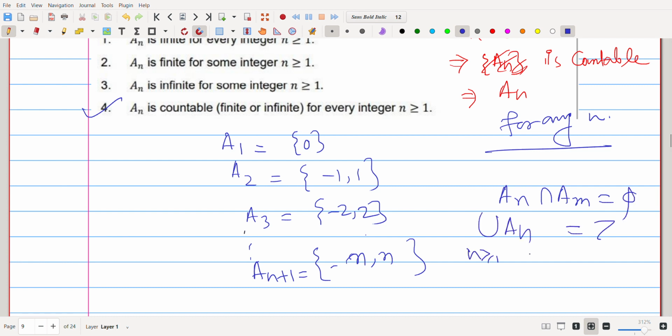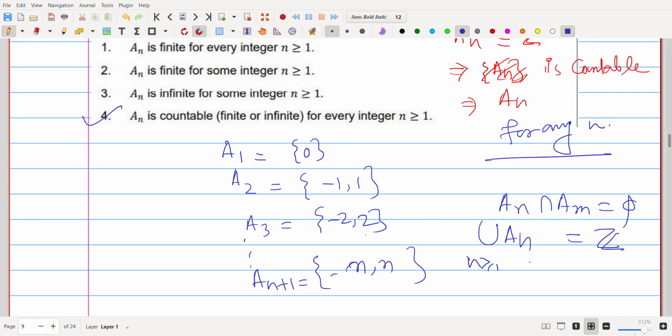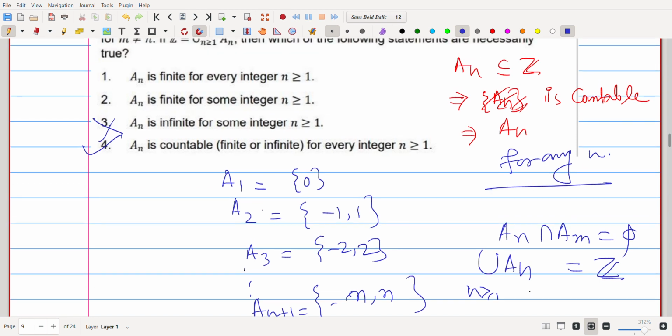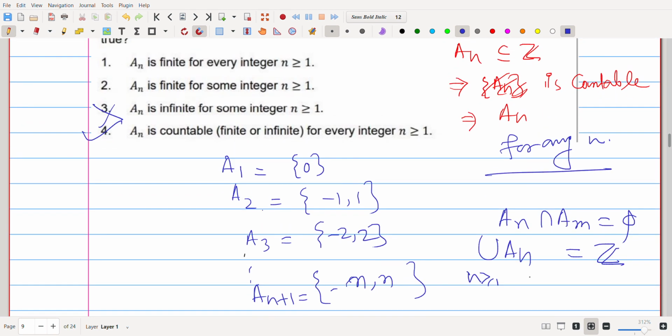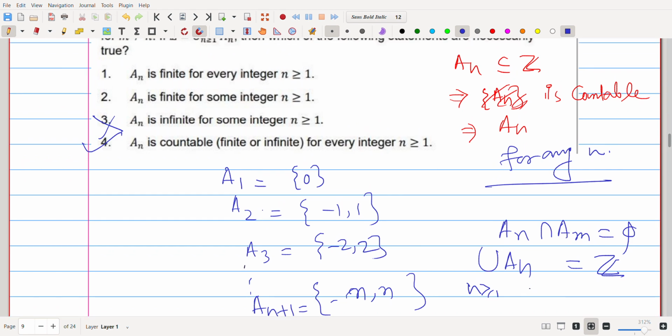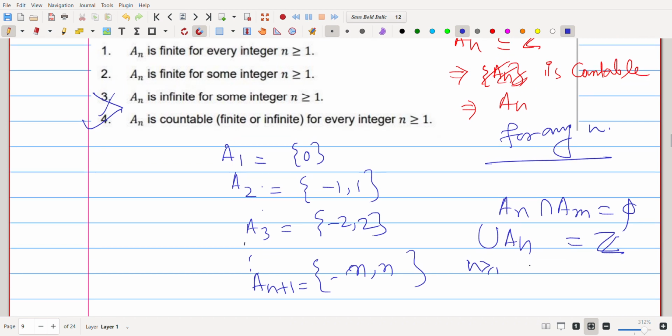Union of An, n greater or equal to 1, is Z, and so An is finite for all n here. Hence the third option is also false. An is infinite for some integer, that is also false. Now only two options left: An is finite for every integer and An is finite for some integer.